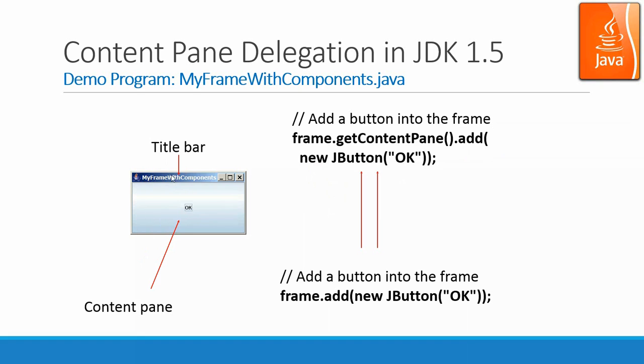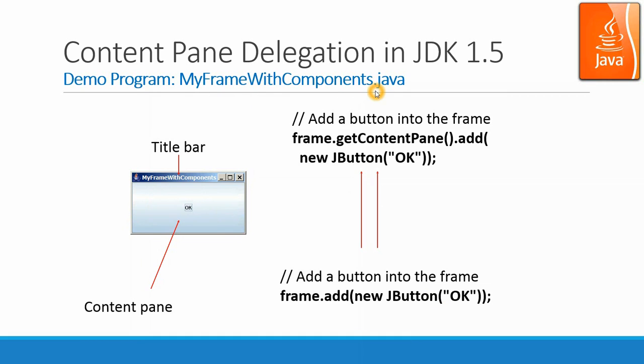So for a frame, you have the title bar. You set the title when you call the JFrame, putting a string there that will be shown here. You can also set an icon here. And the inside box right here is the content pane. You can put the button, label or some other component there.